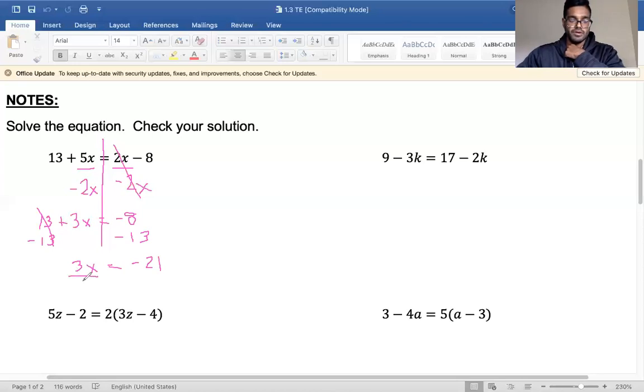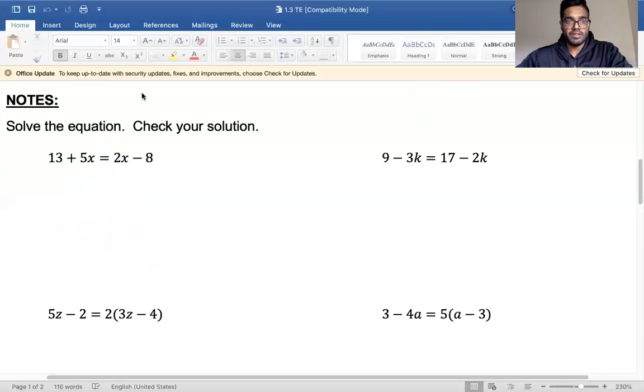Divide by 3, and you get x equals -7. Okay. The next one's pretty similar, so I'm going to let you guys do that one, and we can look at it together if we have questions.